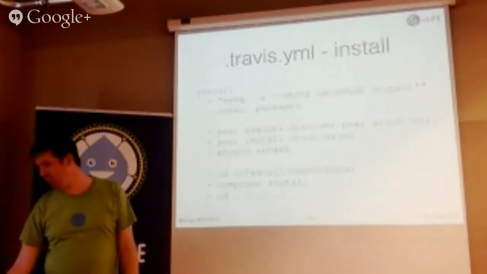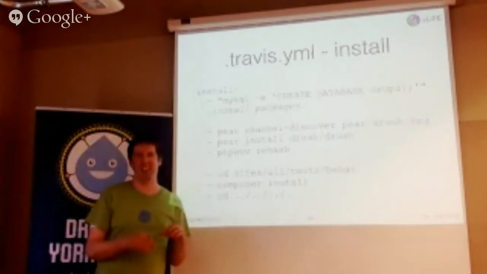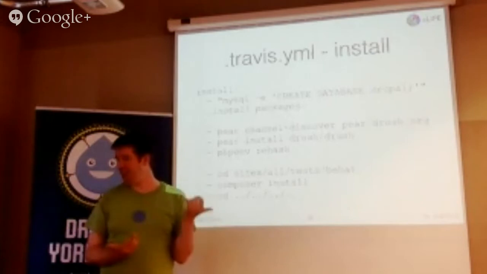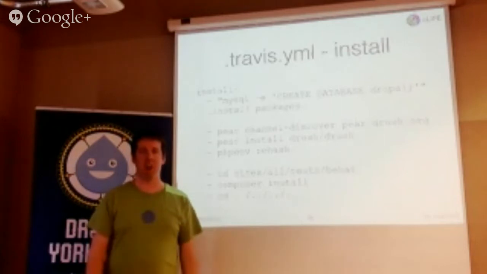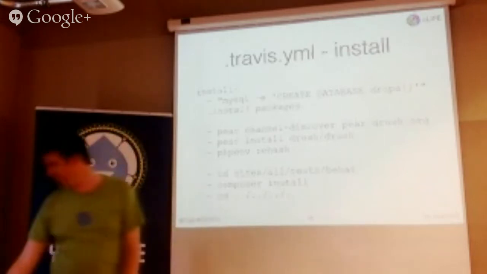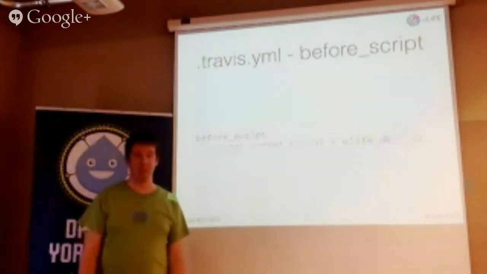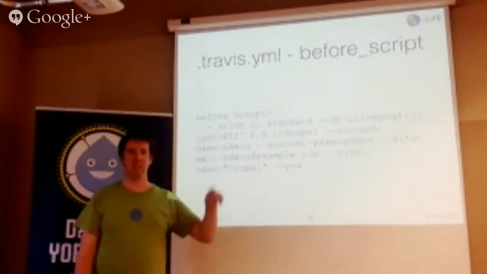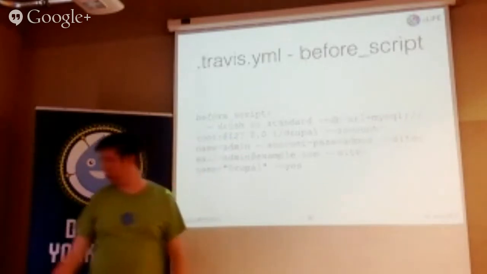We set up a MySQL database. This is an example. These are just the highlights of the Travis.yaml file, not everything you might put in there. We create a database, install Drush, and then get the libraries needed for BHAT using Composer. And then we import our database, or for testing install profiles, you can install using Drush.